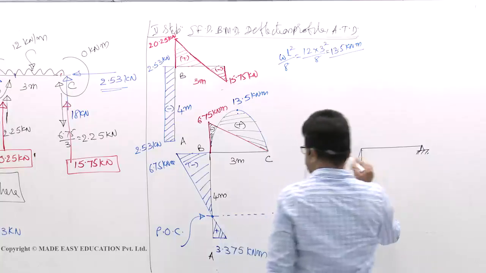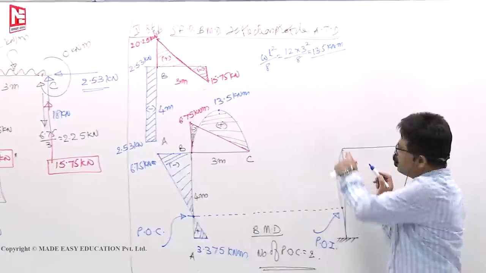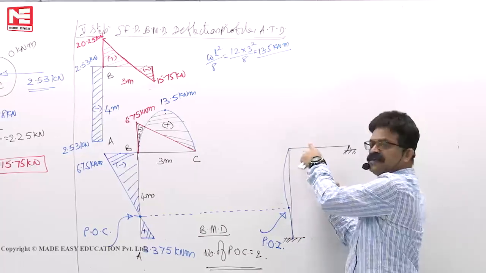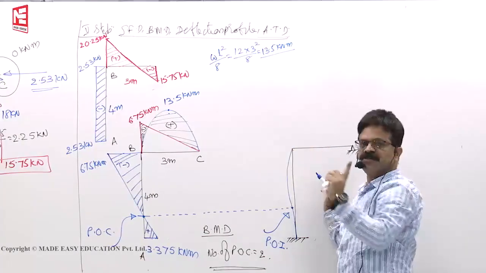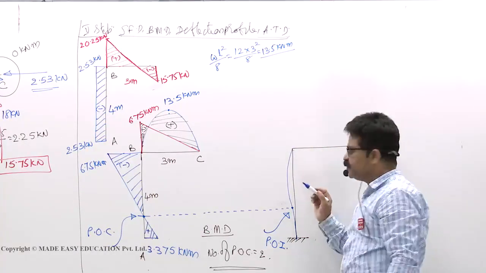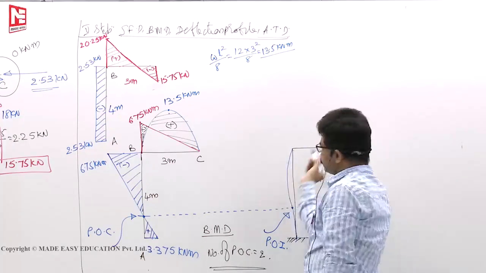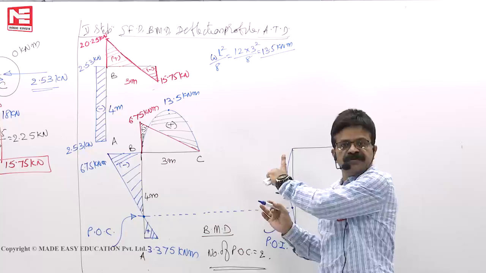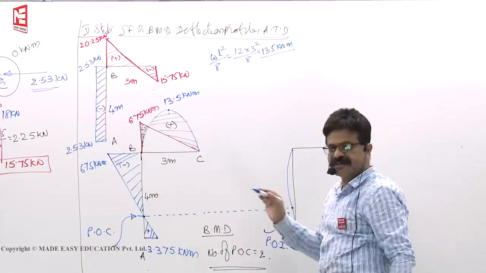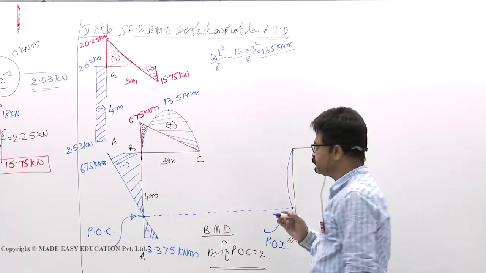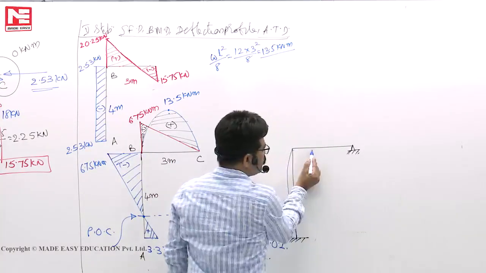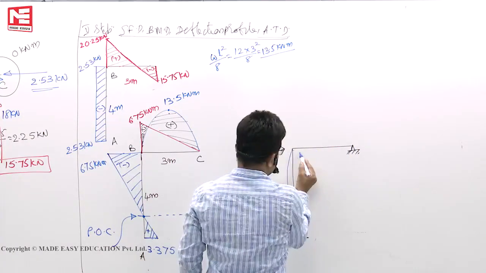Next, see here, if no load is there at the rigid joint and one member hogs, the other member has no choice. It must also hog. Because if one acts like this, the other acts opposite, so both will hog or both will sag if there is no external load or external moment at the joint B. So from here to here it should hog for some distance, then the other portion it should sag.